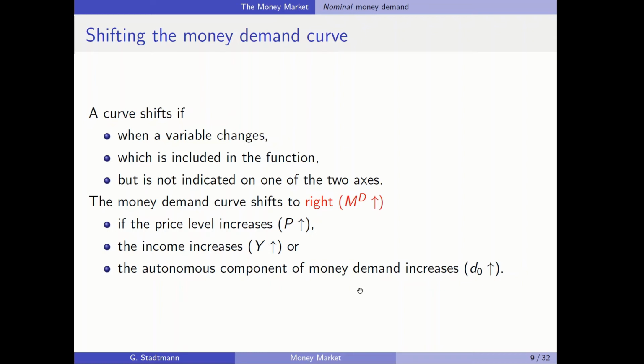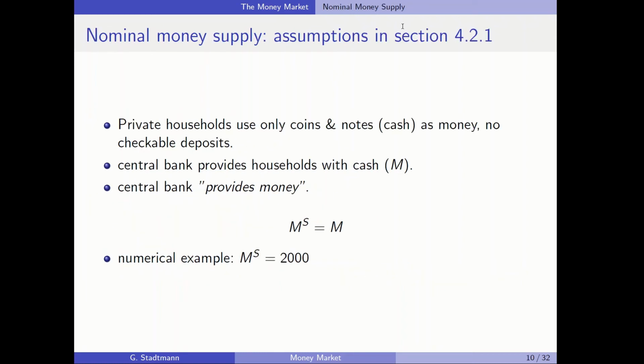Until now, we have focused on nominal money demand. Let's focus on nominal money supply. In this section, we are assuming that the private households only hold coins and notes. They only hold cash as money, and there are no checkable deposits.